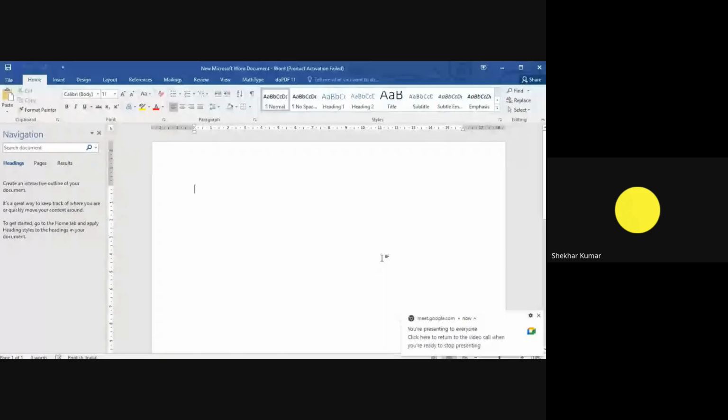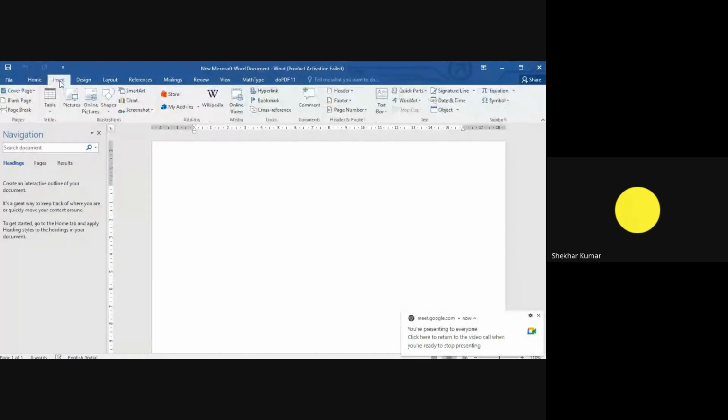Is it visible? In the insert part, go to symbols, then more symbols.